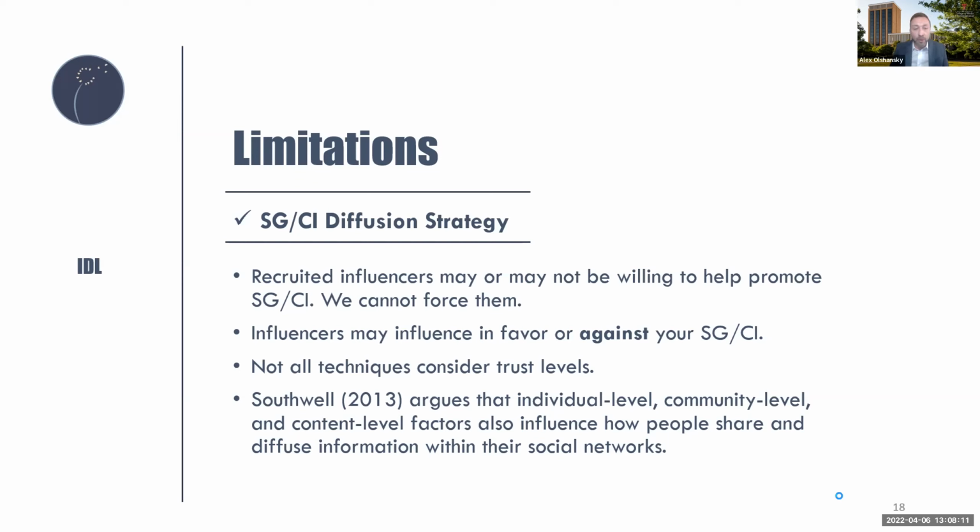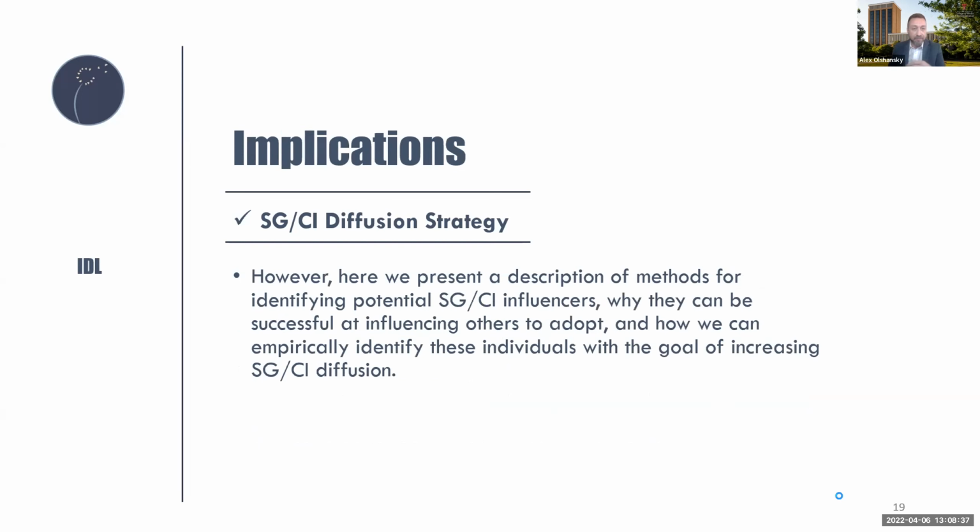Similarly, Southwell 2013 argues that individual level, community level, and content level factors also influence how people share and diffuse information within their social networks. So these influencers are operating within complex ecosystems where there are many different factors that influence how people adopt and share diffuse technologies.